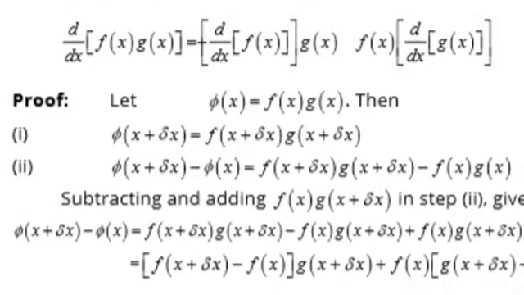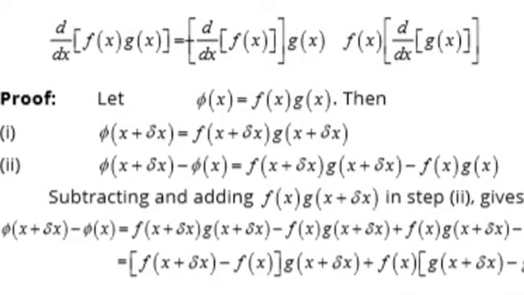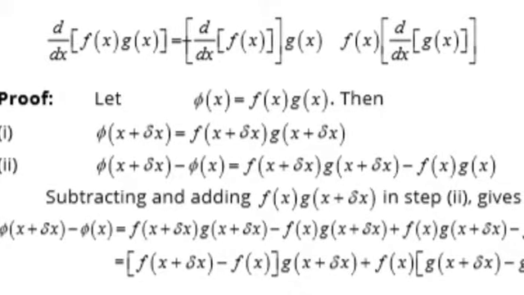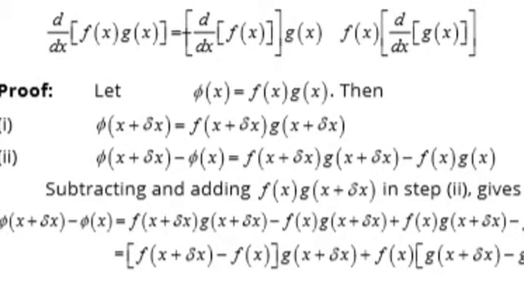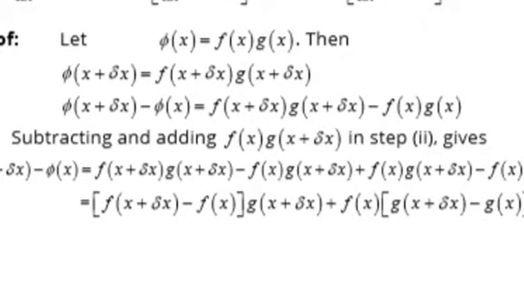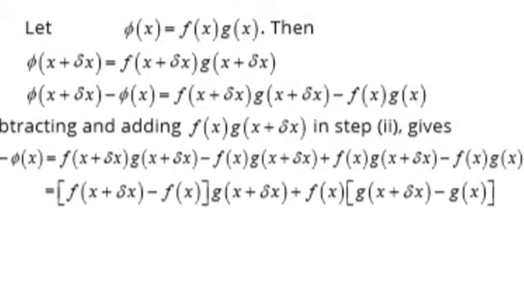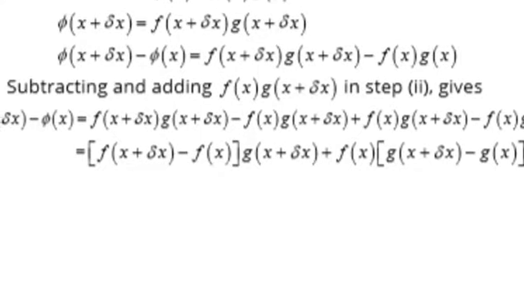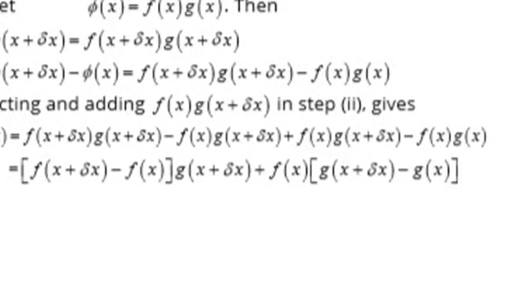Now we prove this formula by using the definition rule. We replace x by x plus delta x, then subtract these two values, subtracting and adding f of x and g of x plus delta x in this equation, and then taking common and arranging these values.